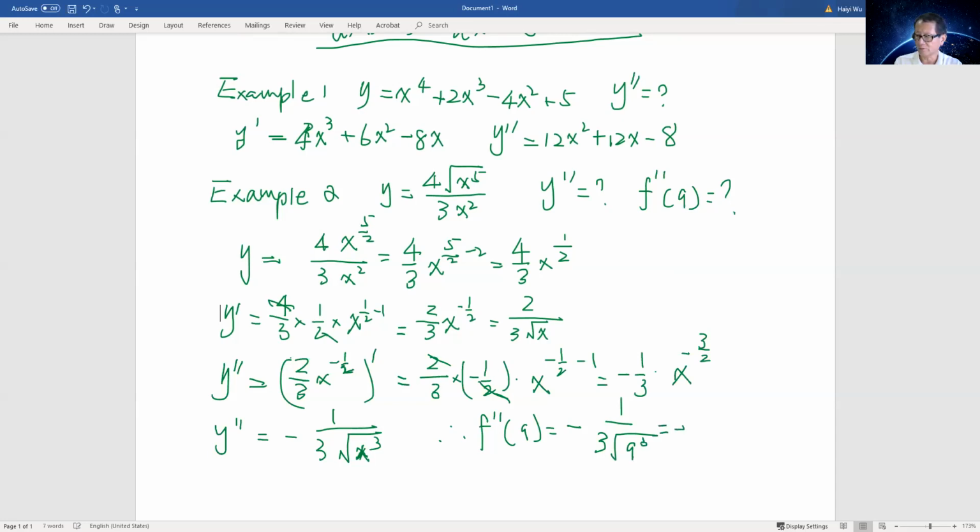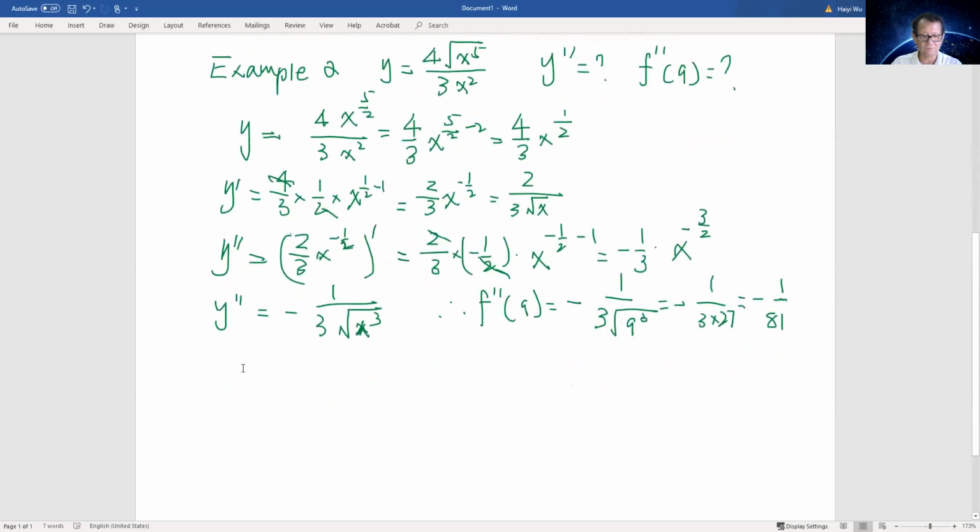So the answer will be negative 1 over 3 divided by 27. So the answer will be 1 divided by 81. So that's the value. So you can substitute into the second derivative function.